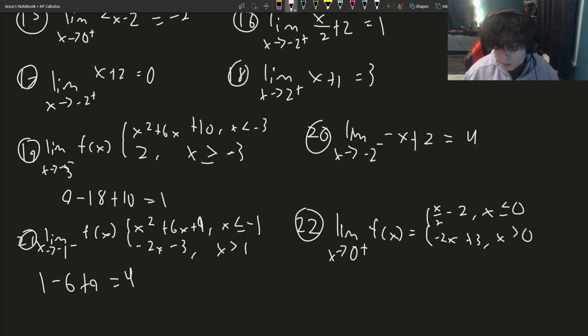We have from the right, so numbers like 1, 2, 3, so it would be greater than. So then we plug in 0 to the bottom one, which would just be equal to 3.